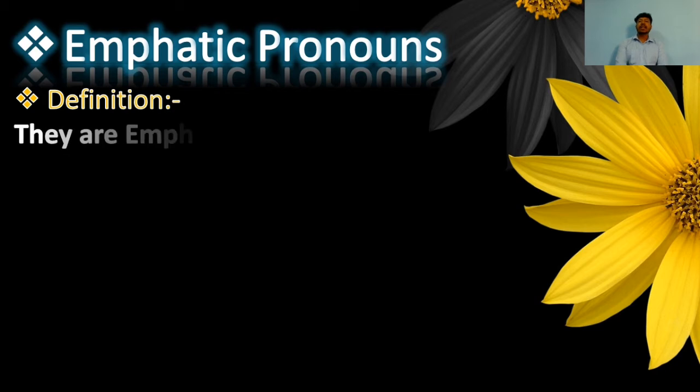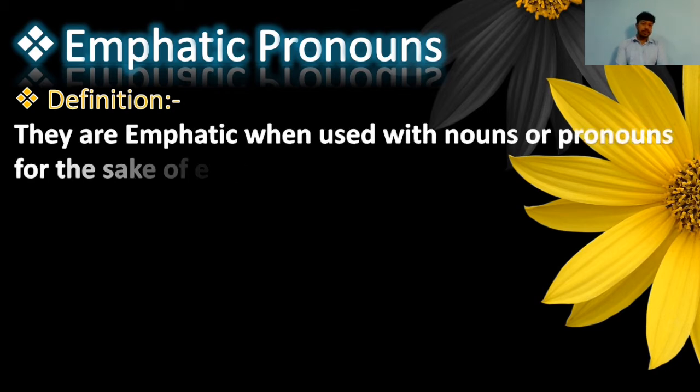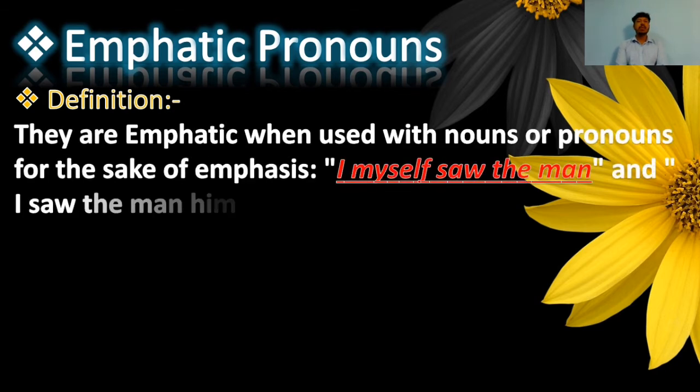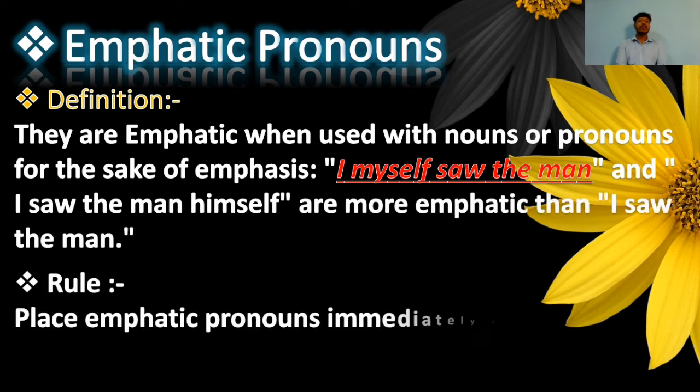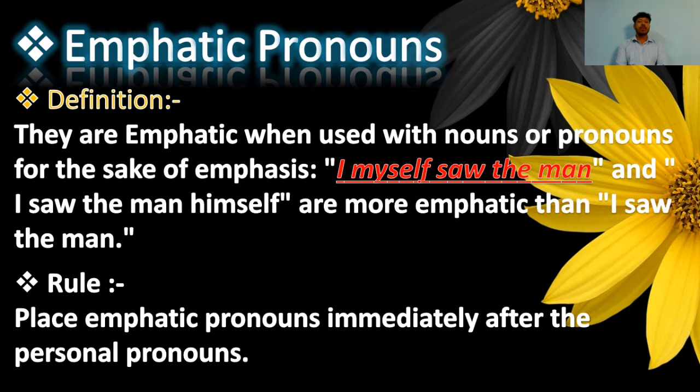Here are emphatic pronouns. What are emphatic pronouns? They are emphatic when used with nouns or pronouns for the sake of emphasis. I myself saw the man. Here, I and just after the pronoun, myself.